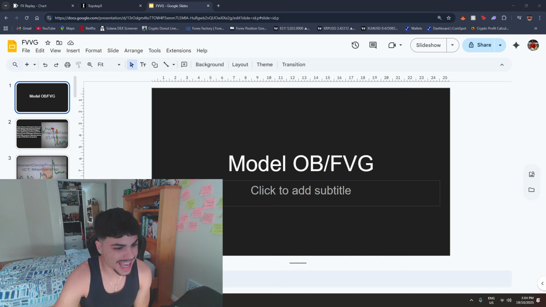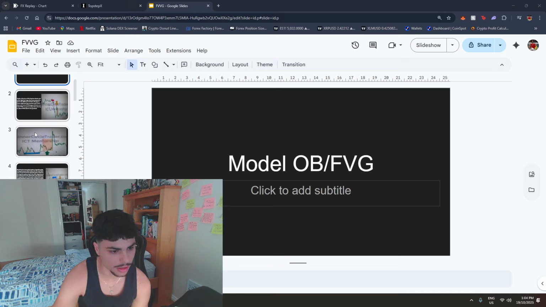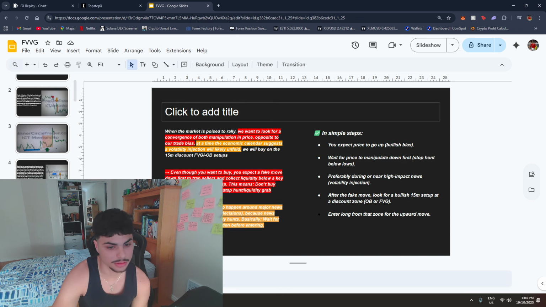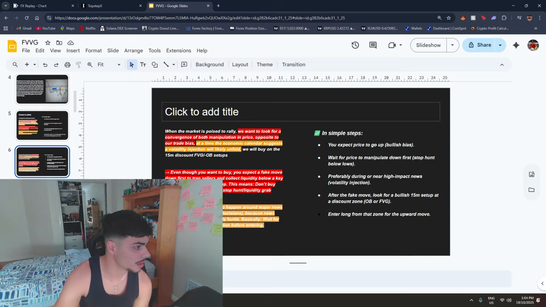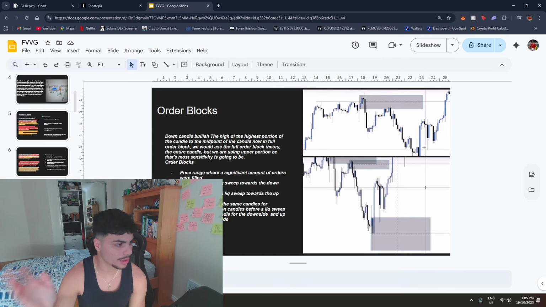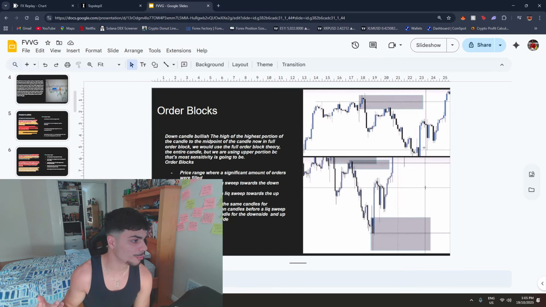I created these slides ages ago when I started learning this strategy. I'm sure all of you know what an order block and a fair value gap are, because you would have been watching this video right now. But anyways, I'll explain it. So basically, an order block is literally the leg down before the liquidity sweep, or the leg up before the liquidity sweep.